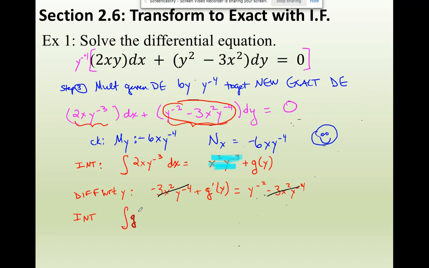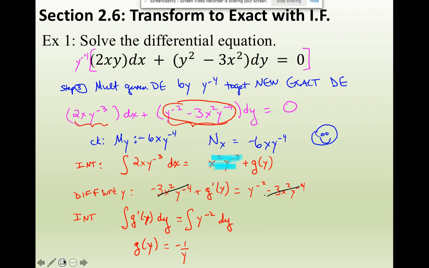The integral of g prime of y with respect to y is the integral of y to the negative 2 with respect to y. And remember, we do a plus C, but we know we're going to wrap up that plus C in the end, so I can drop it here.